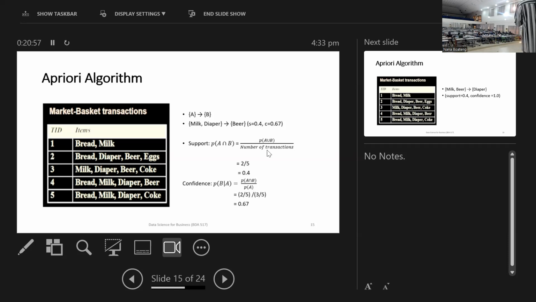Therefore, for the confidence, the support is 2/5, and then the probability of A is 3/5. So that works out.